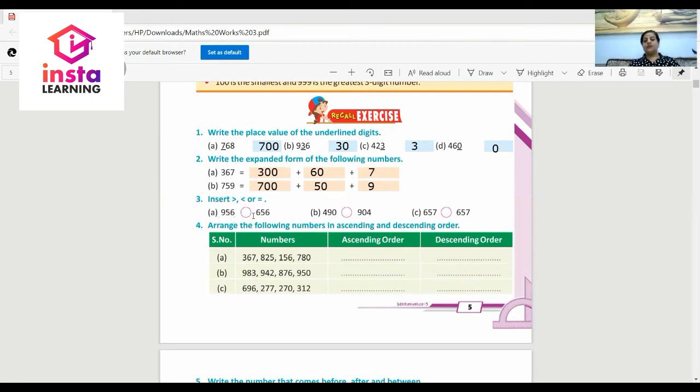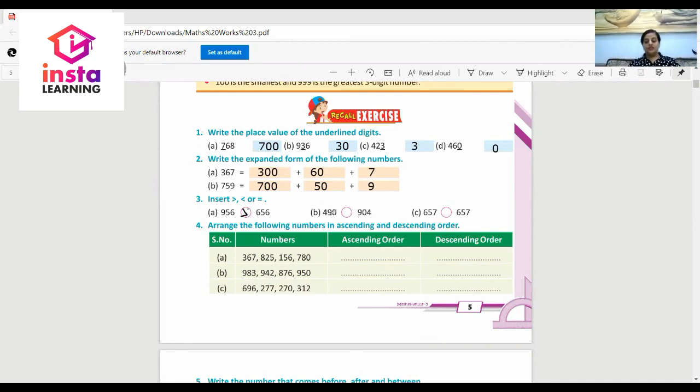956 and 656, which is greater? Obviously it is 9. 956 is greater than, so we are going to make the sign of greater than like this. 490 and 904.